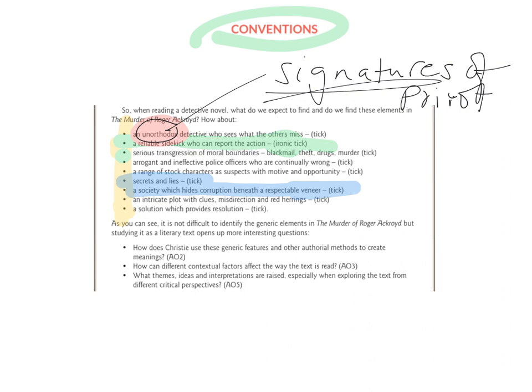Settings, another question that has yet to be set individually in section B. It may have cropped up in section C. I'd have to double check, but it's never appeared yet for Roger Ackroyd. I wonder. Okay, so there's some very important stock ingredients to get your head around and use this language as well.